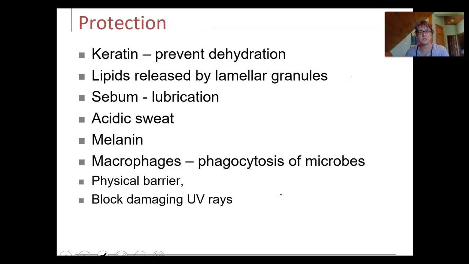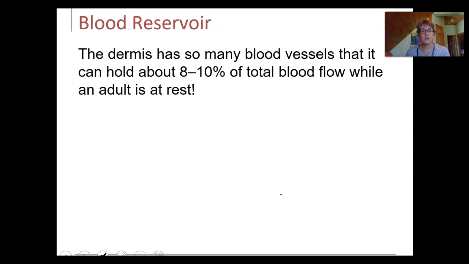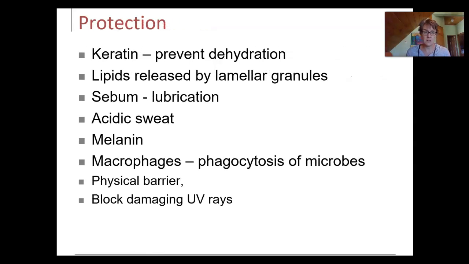What else? Oh, so this is just telling you a little bit about it. Okay, so many blood vessels holds about 10% of your blood flow while you're just sitting there listening to me yammer. Protection. Oh, we have the physical barrier. We had the biological barrier of the Langerhans cells in the epidermis. I guess I already talked about this.